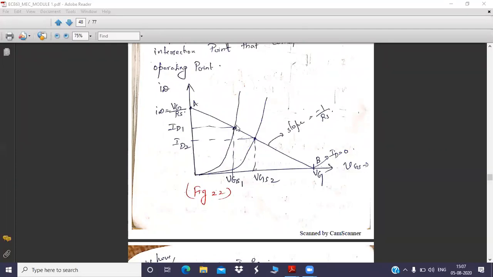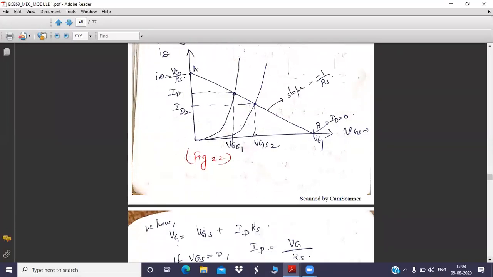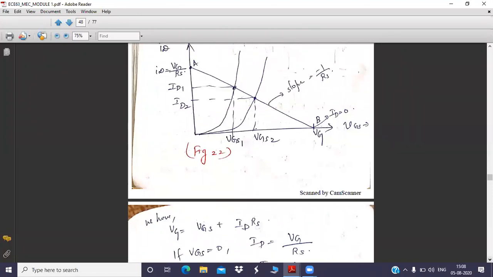So you can see a change in Q point with respect to a small change in ID1, ID2, and a corresponding change in VGS1 and VGS2. But for calculating this Q point shift, we need to draw this DC load line. So how are we going to draw the DC load line? To draw it, we need to get the coordinates of point A as well as point B. You can see coordinate A lies on the y-axis.